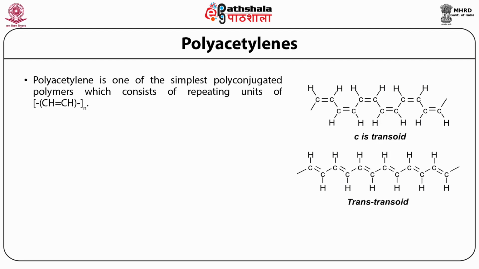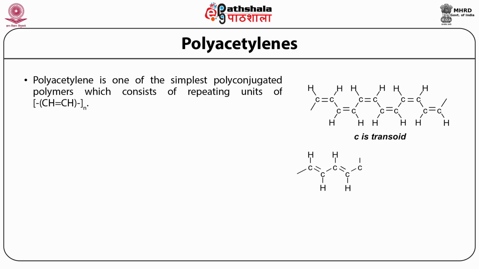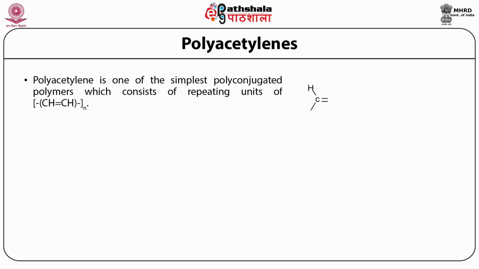The first polymerization of acetylene was achieved by Natta and co-workers using a Ziegler-Natta catalyst, yielding a polymer that was gray-colored, infusible, that is unable to melt or fuse, and a powdery substance.